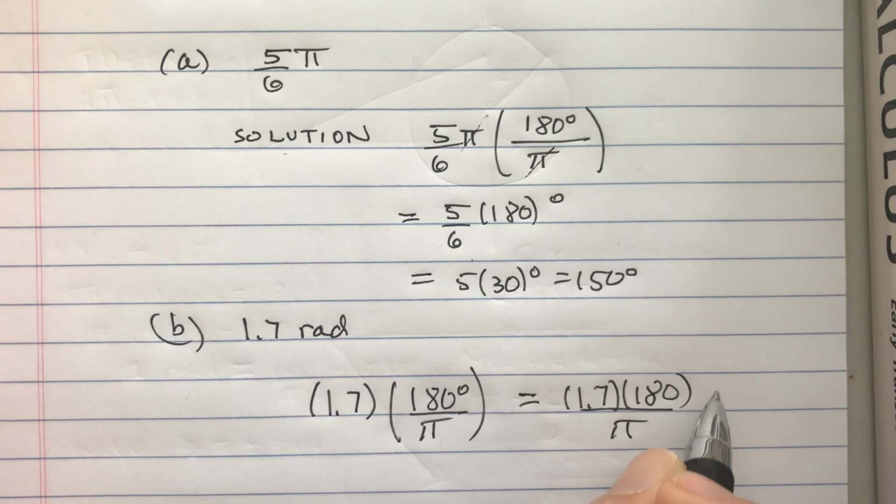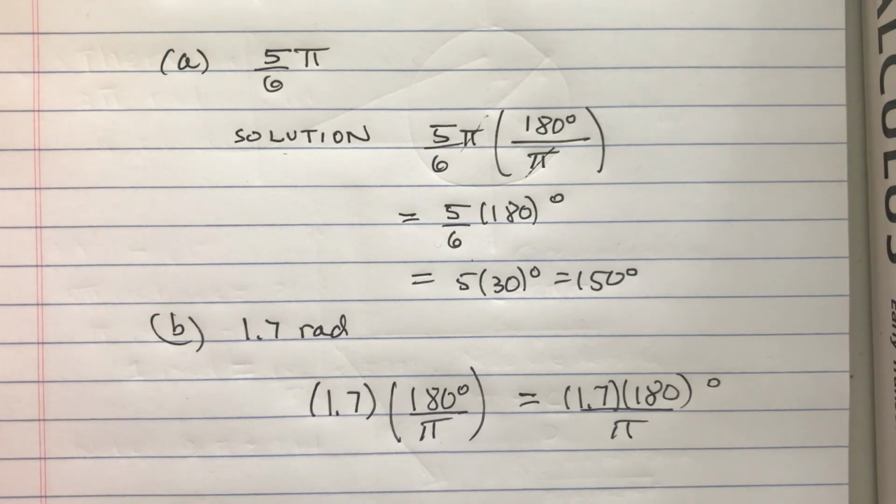And you can at least multiply out the numerator if I can find a calculator handy here. So this makes 306 degrees divided by pi.